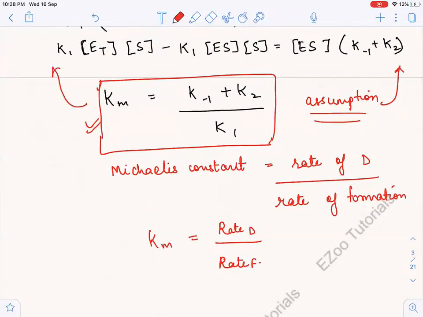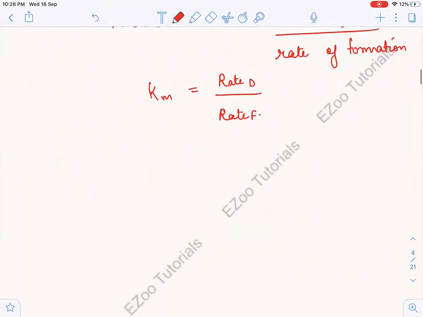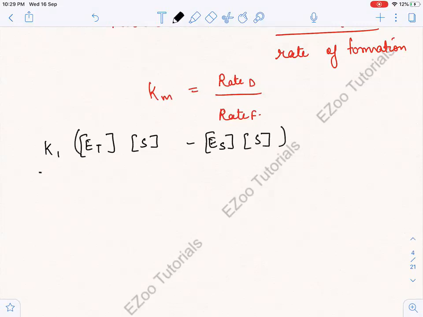ठीक है, अब let's see, we will put this in this. तो क्या होगा, it will become K1 ET S minus enzyme substrate upon K1 is equal to, basic simple maths hai.